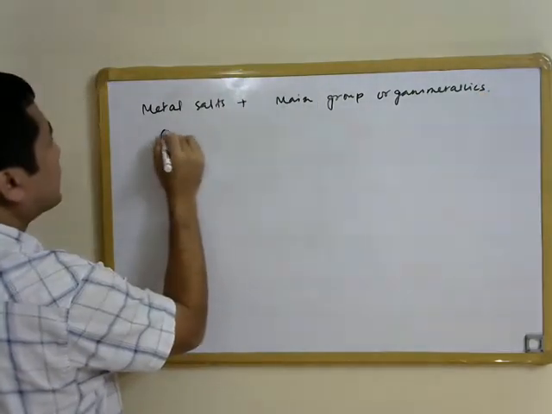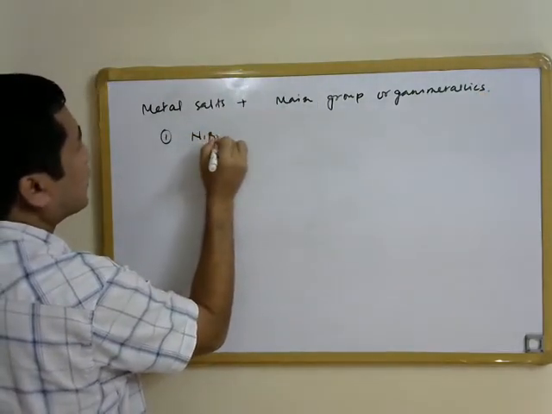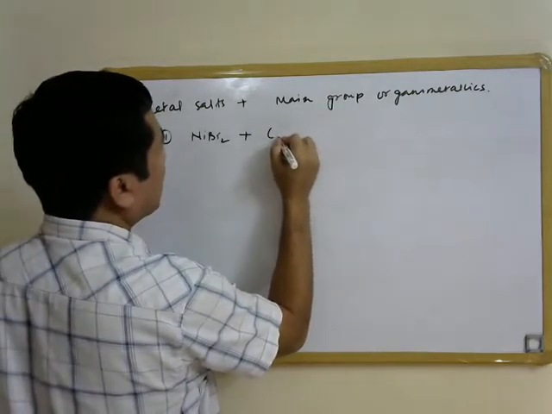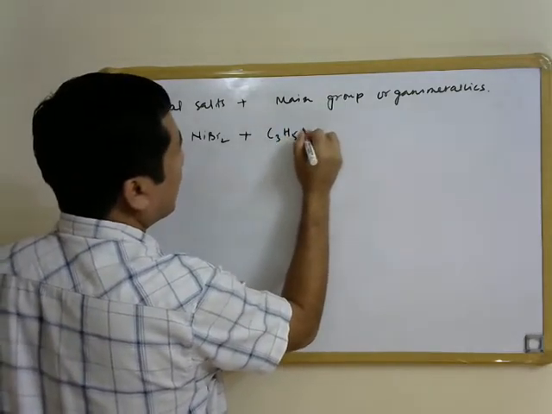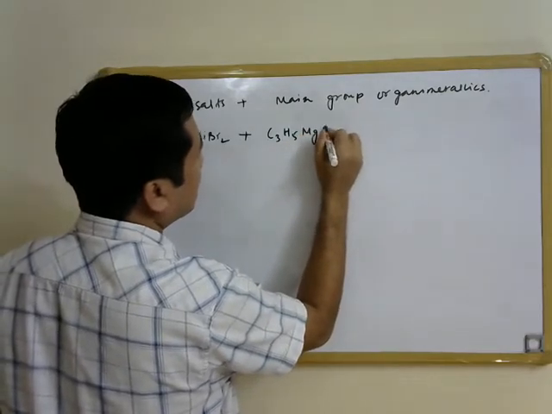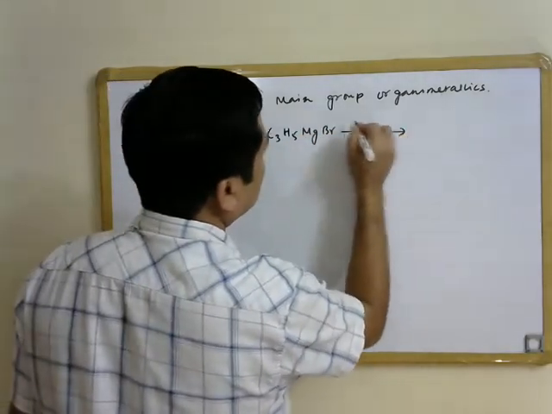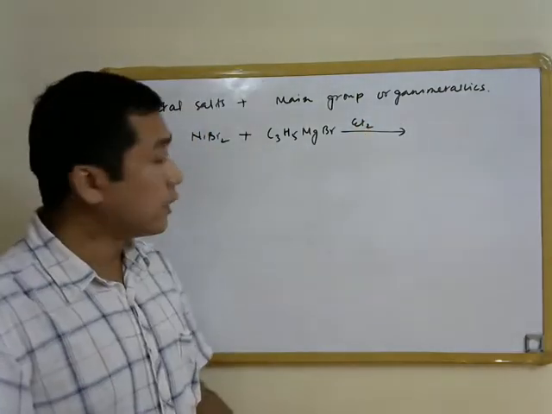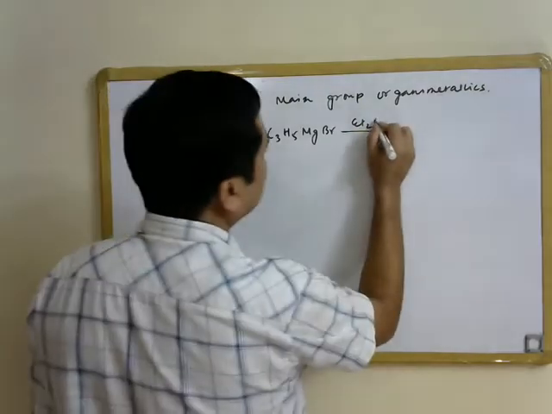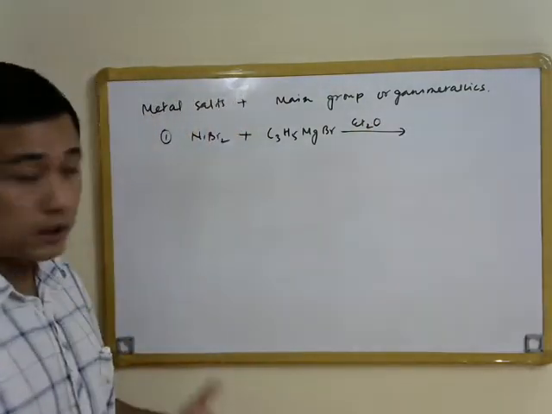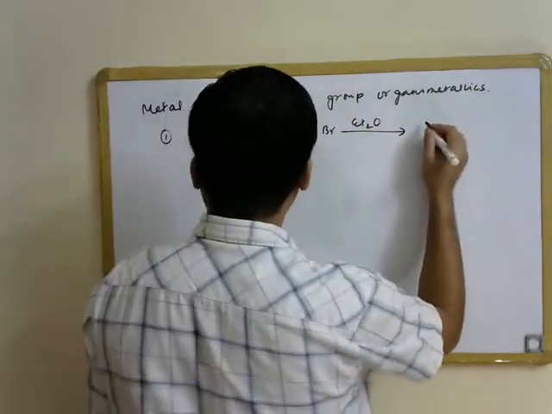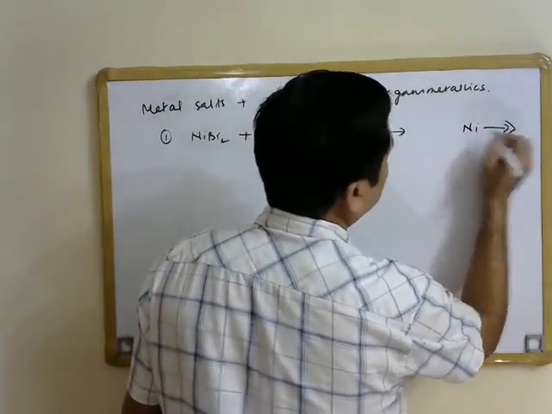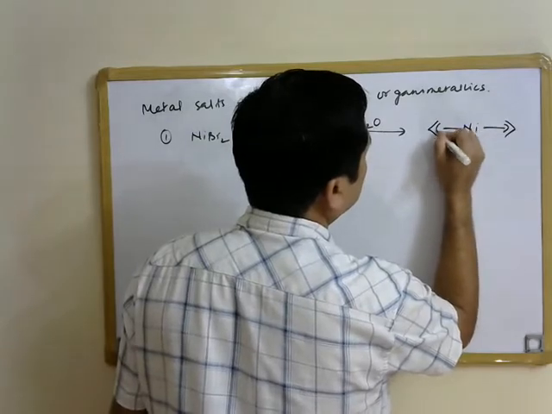So for examples, you can take nickel bromide and react this with allyl magnesium halide, that is a Grignard reagent with allyl group over here, and we know that the Grignard reaction needs to be carried out in ether medium, and this will essentially give you a nickel allyl complex in this way.